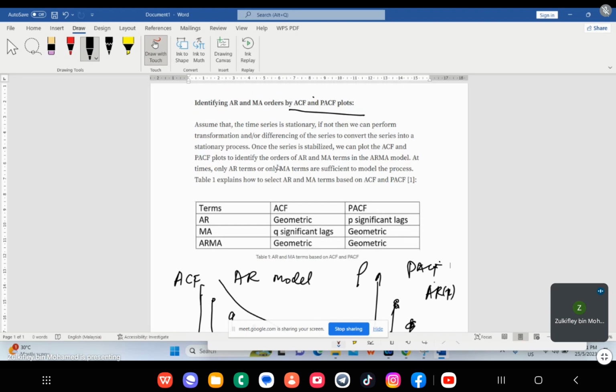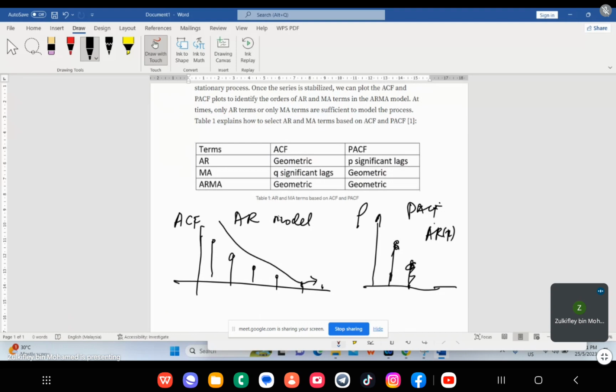Jadi, kalau anda ada kesempatan, kalau anda boleh downloadkan software SPSS, contohnya, you boleh masukkan data, you boleh request for ACF function and PACF function. Jadi kalau awak nak tentukan model dia, kalau ACF function dia geometrically decreasing, and PACF function kita ada P significant lags, makanya kita gunakan AR model.